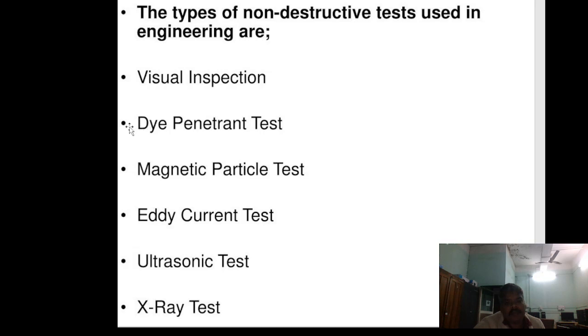From the dye penetrant test, we use dye and penetrant put on the surface of the workpiece, and then we can test whether there are surface irregularities or not. Then magnetic particle test, ultrasonic test, X-ray is used for testing the crystal structure. I have made a separate video on the test of X-ray crystal structure.